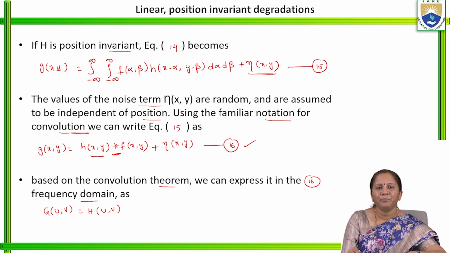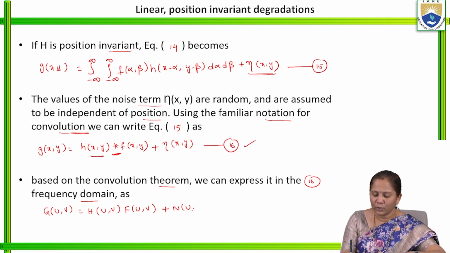Here the convolution operation becomes a multiplication operation in the frequency domain, times F of u comma v, where f of x comma y converted into the frequency domain is represented as F of u comma v, plus N of u comma v, which is eta of x comma y in the frequency domain.